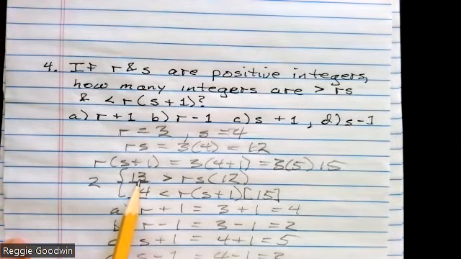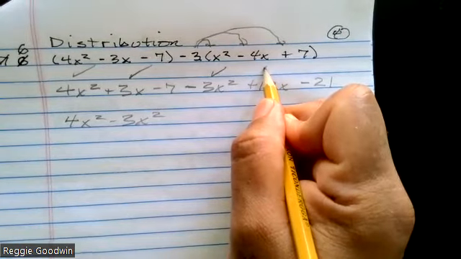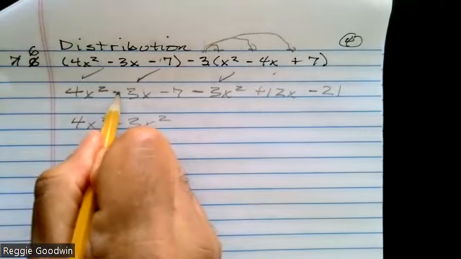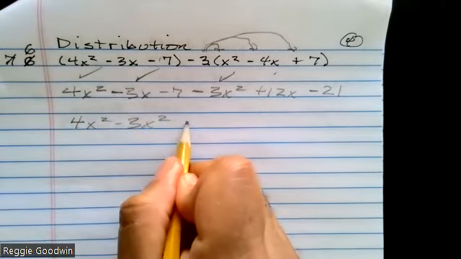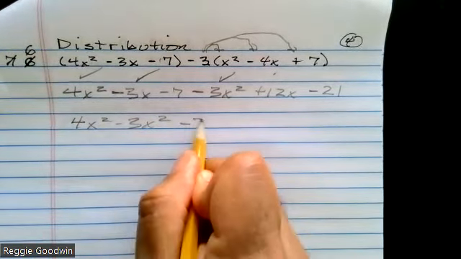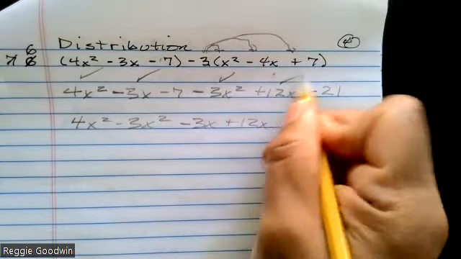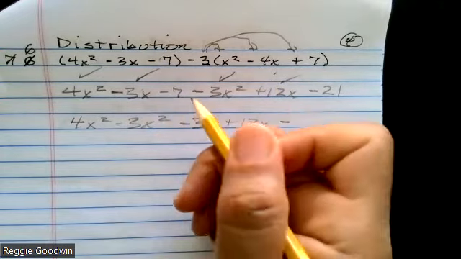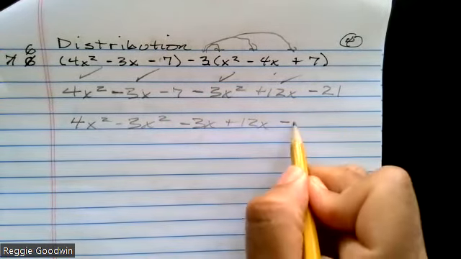Now, here's where we do the combination. 4x squared minus 3x squared. Minus 3x plus 12x, and then minus 7 minus 21.